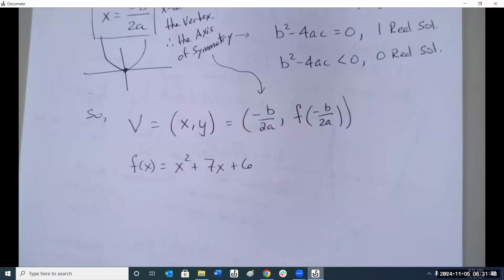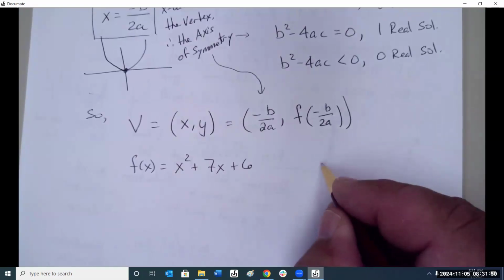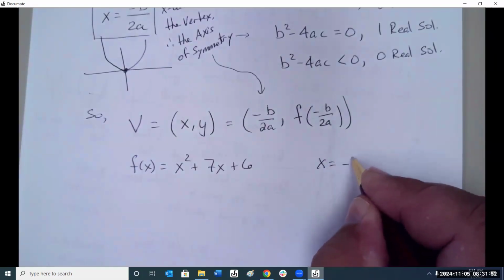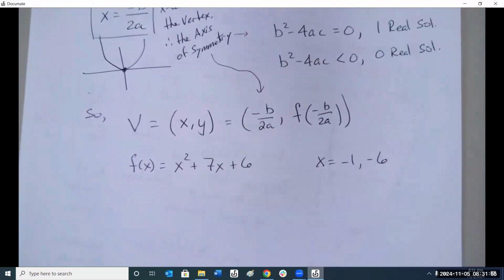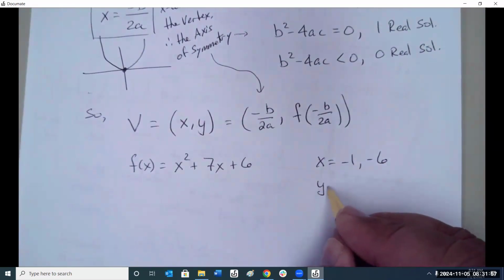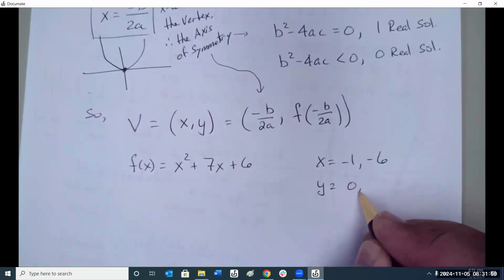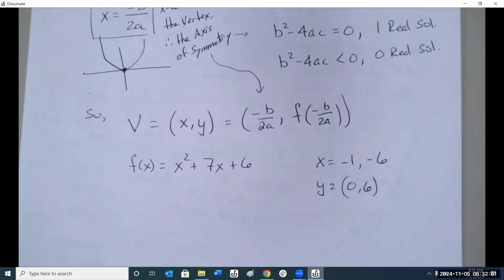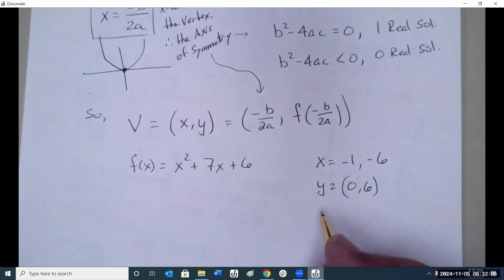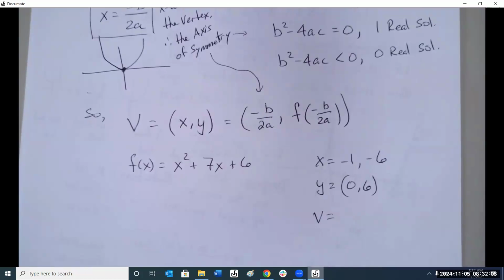So far in this equation, we know the x-intercepts. The x-intercepts are at -1 and -6. We know the y-intercept is at (0, 6). So what's our vertex?